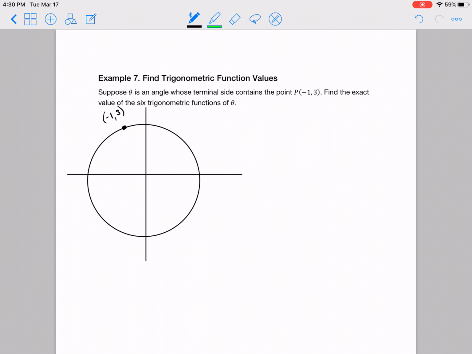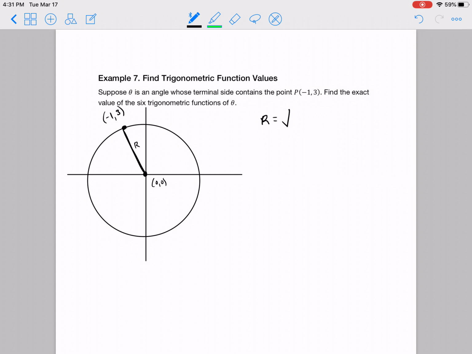So this is obviously not the unit circle, because the unit circle has a radius of 1. So what we could do is figure out what this radius is. The radius here, we'll do a capital R since it's not the unit circle, has to be the square root, just like we're doing the distance from the origin, which is 0, 0, out to that point. That'll tell us the radius of that circle.